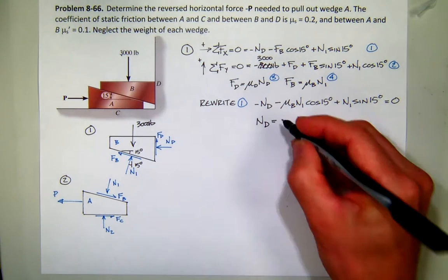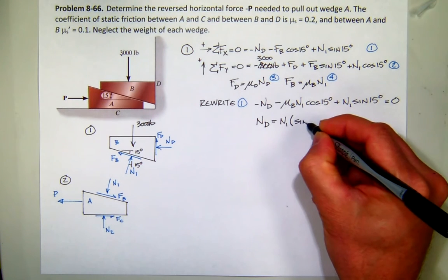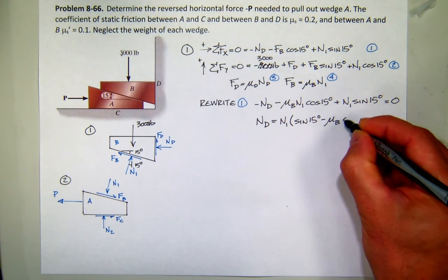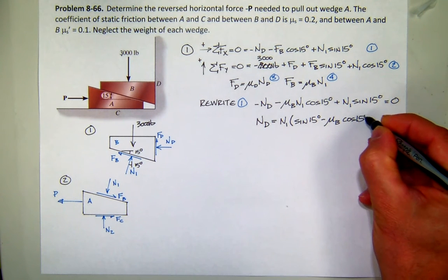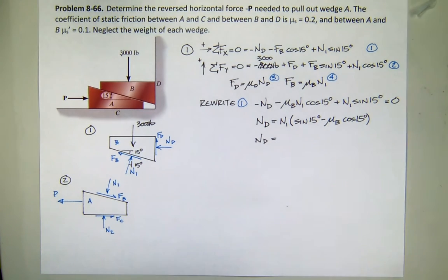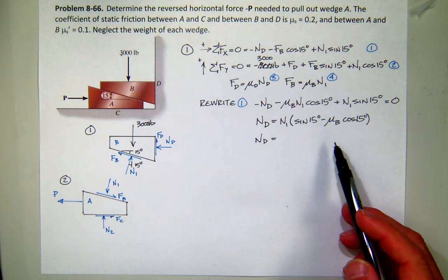At this point, I could factor out the N1, and I would have sine 15 minus mu B cosine 15. And you guys can calculate that and actually get a number. Let's see what that's going to be. The coefficient of friction at B is 0.1.